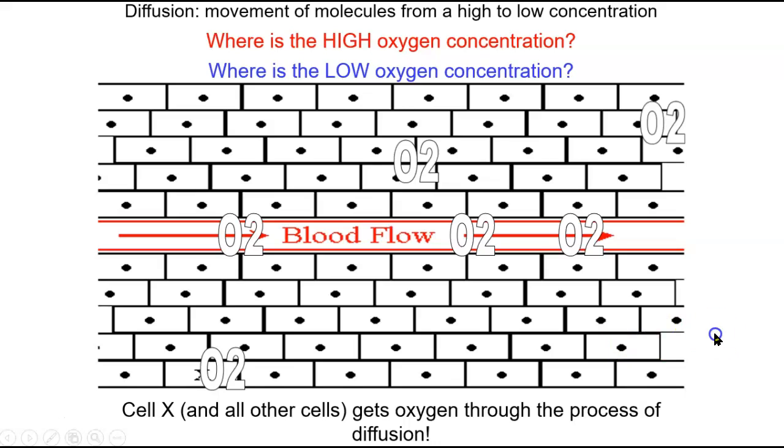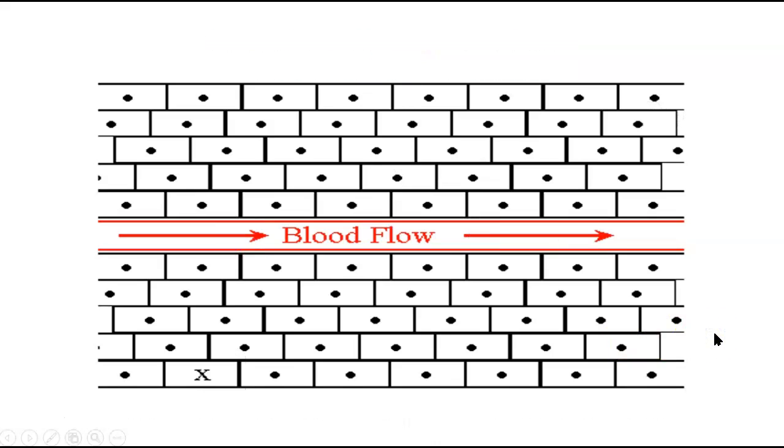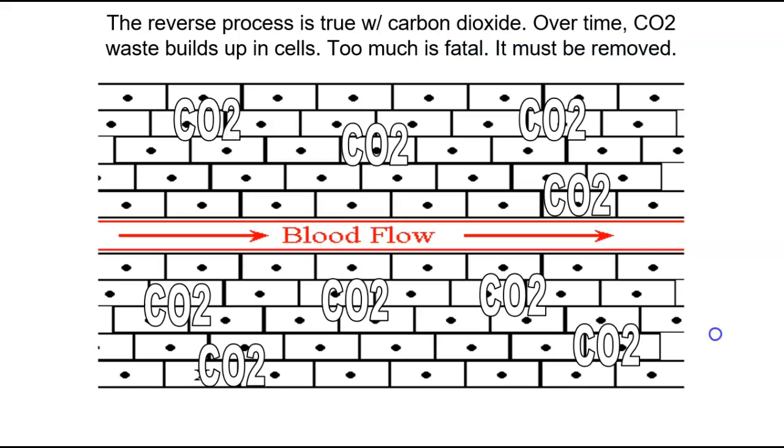So the same process happens in reverse in order for cells not just to get what they need, but to also get rid of what they don't need. And so in this case, our bodies need to get rid of CO2, carbon dioxide. Too much of it in our cells will eventually cause illness and then eventually death. So it's something that our bodies have to get rid of.